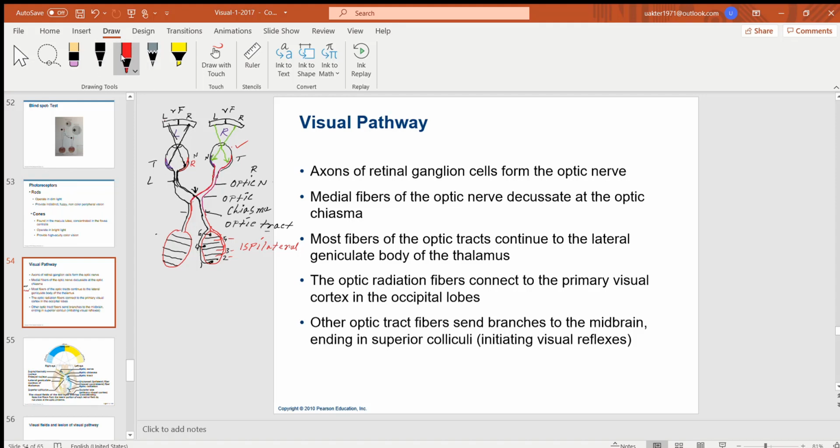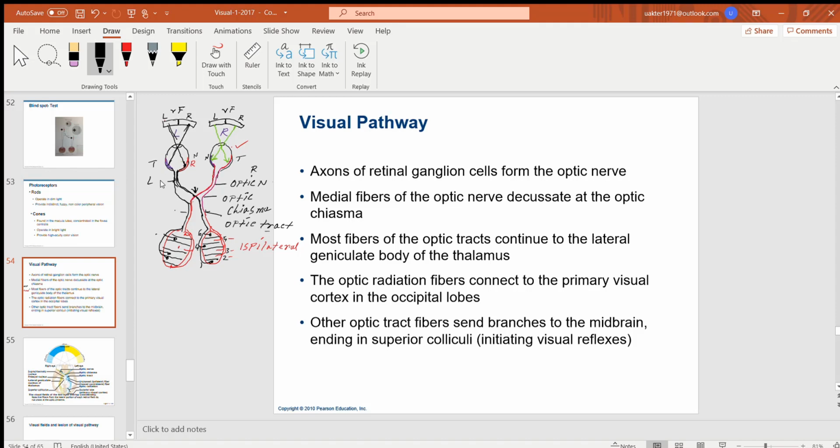So contralateral layers 1, 4, 6, and ipsilateral 2, 3, 5. Make sense? So ipsi will go to layer 2, layer 3 and layer 5.